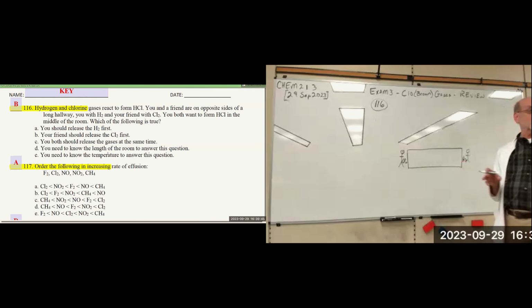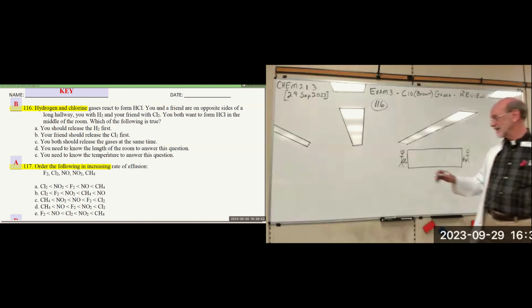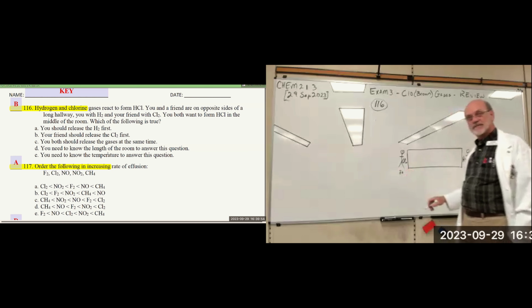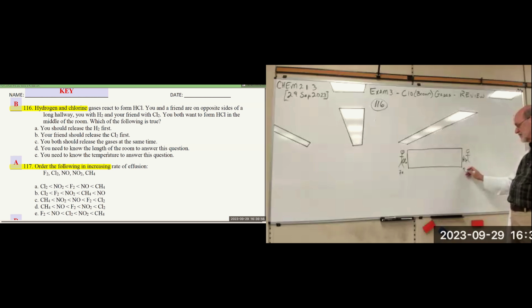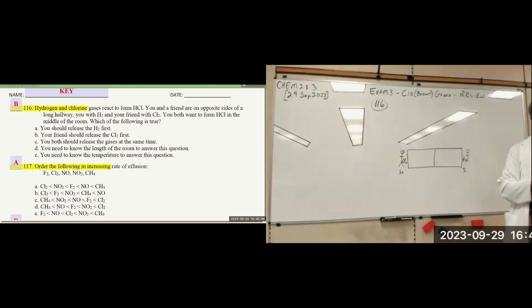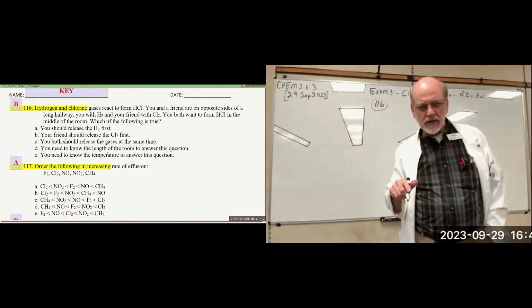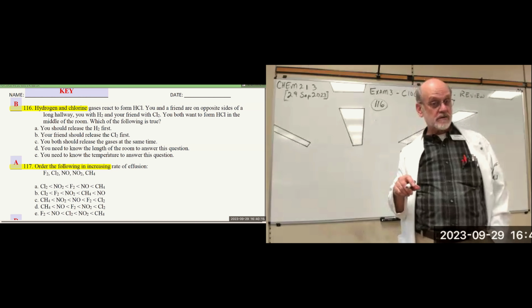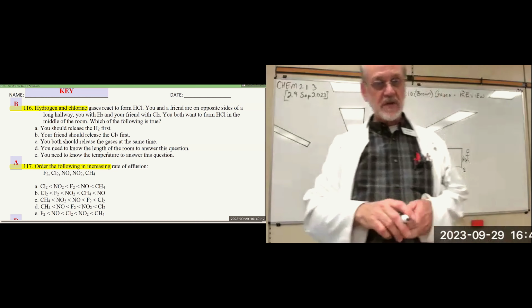Which one's going to move faster? Hydrogen, right? Chlorine is about 70 grams per mole, and hydrogen is about 2. So hydrogen is going to move faster. So who needs to release first, if we're going to form hydrogen chloride in exactly the middle of the room? The chlorine needs to go first. So your friend should release chlorine first. B.